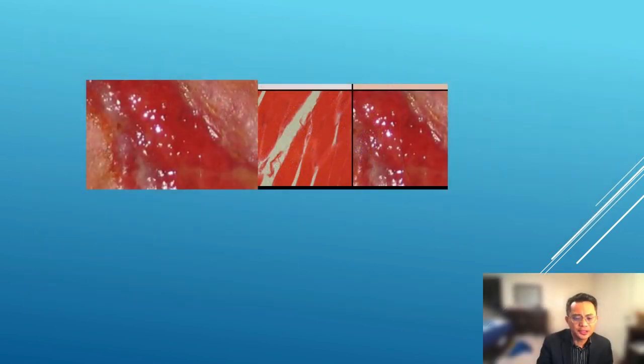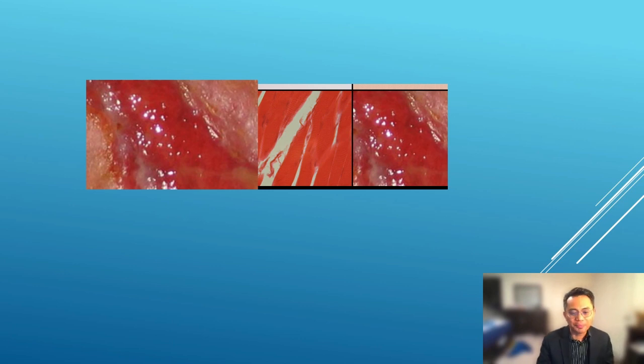Sometimes we run into a situation when we are not sure if the red tissue that we are seeing on the wound base is a granulation tissue or a muscle. As you can see, by appearance, I want you to remember this appearance in here. These are granulation tissue, and this is how a muscle would look. Now, to distinguish between the two, you could do some palpation.